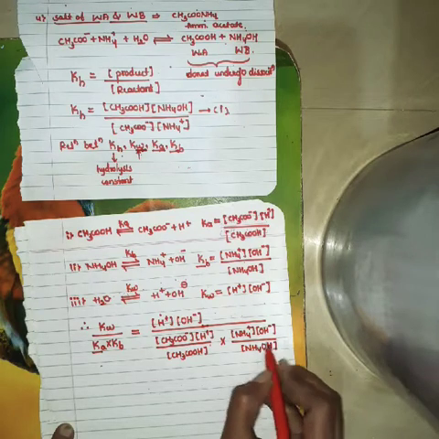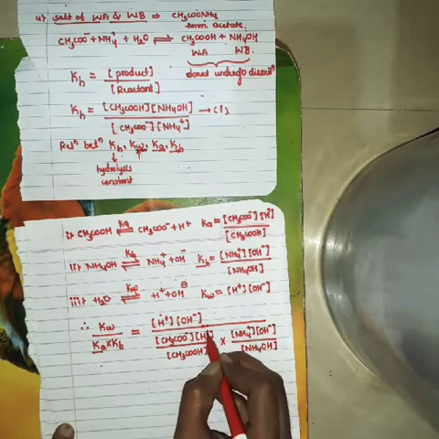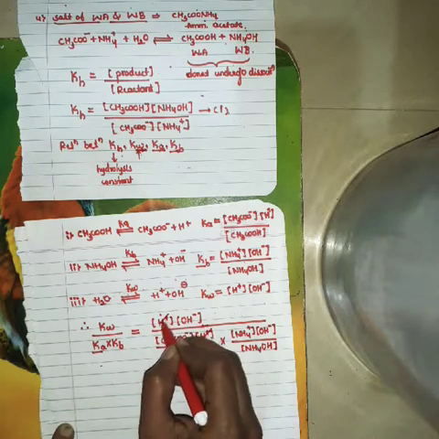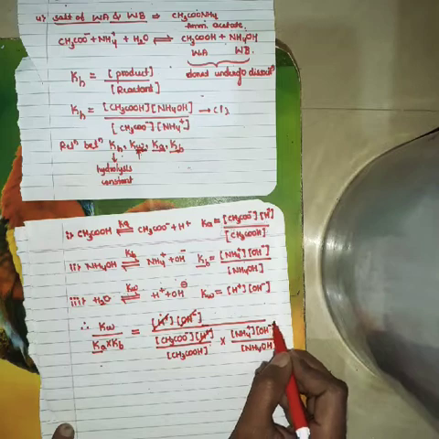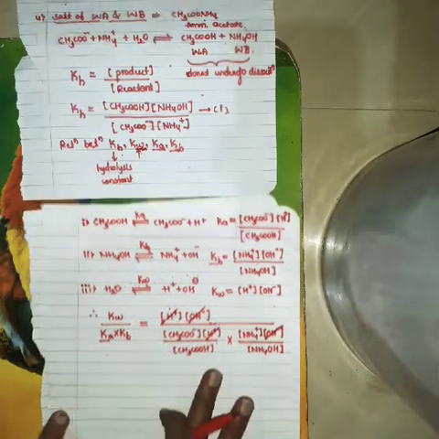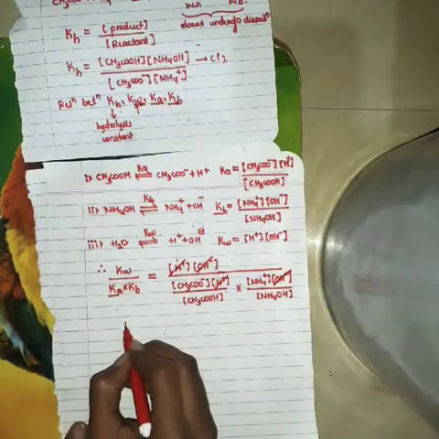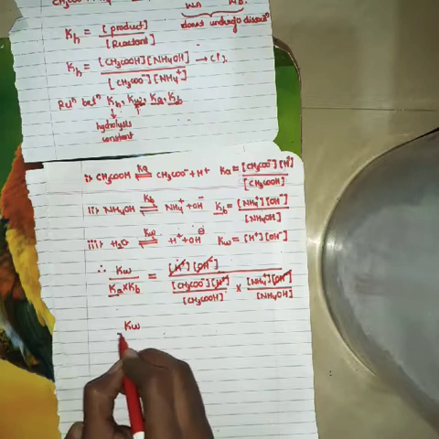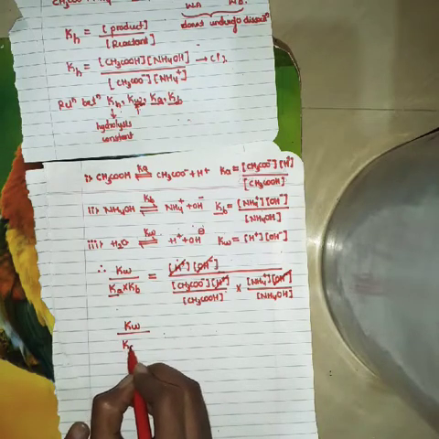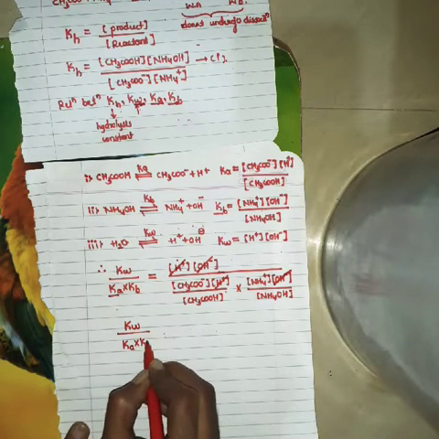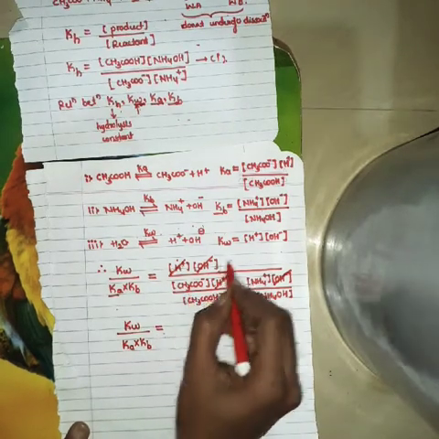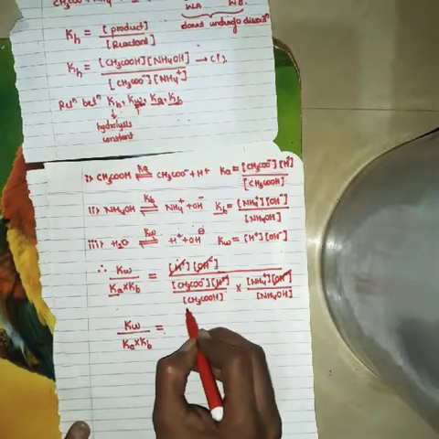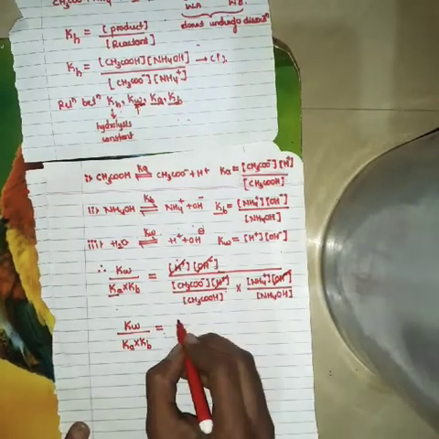The concentration of H plus cancels, the concentration of OH minus cancels. In the last expression, Kw divided by Ka into Kb, the above terms cancel and the below one goes to the upper side.